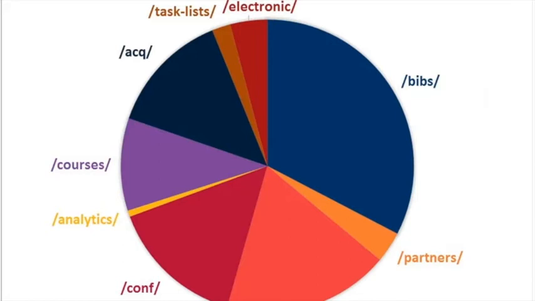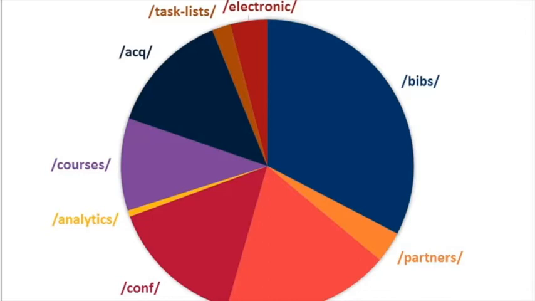We can see here the subject areas. I mentioned them before, just to show you, as you probably expect, that most of the APIs are in the area of bibliographic records, many of the APIs in the area of user records, and course records as well. And I guess that's what you would expect.